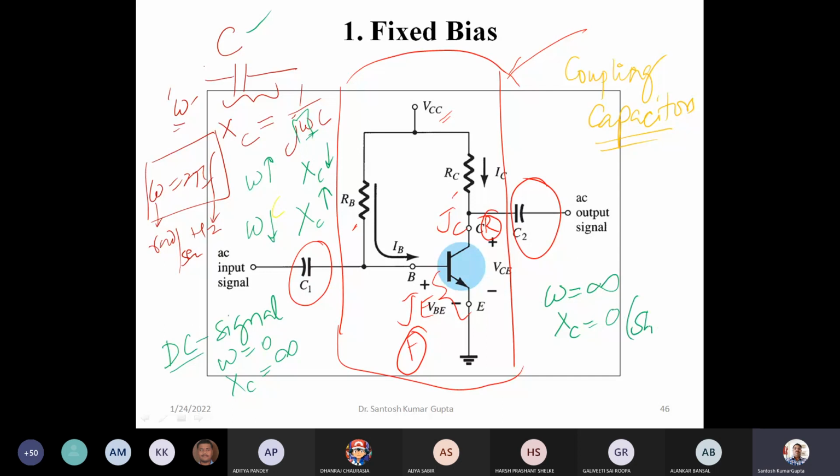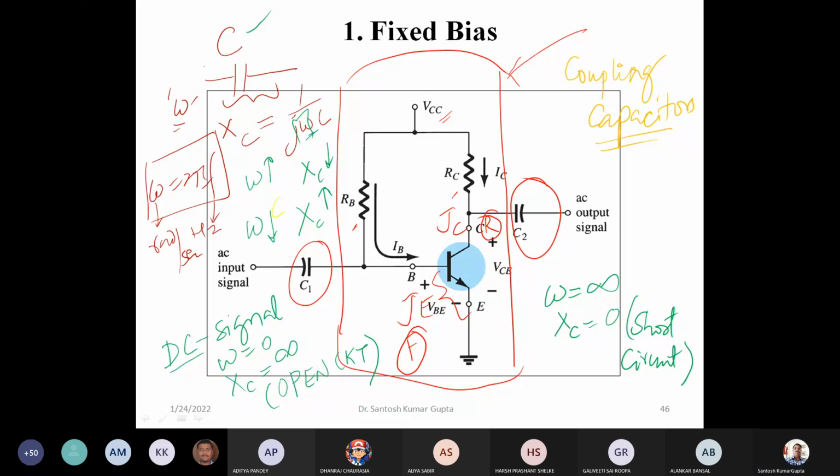So this is equivalent to a short circuit case, and the first one is like an open circuit.